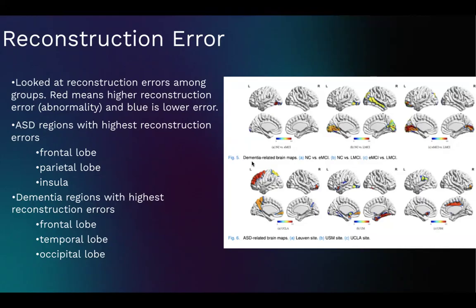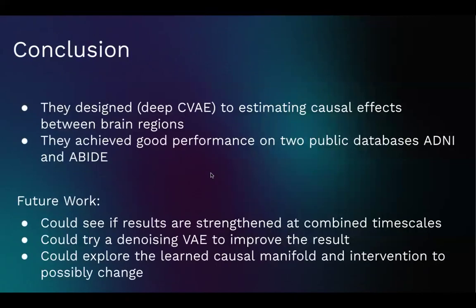So that is, I think, concluding the presentation today. In short, they designed this deep causal variational autoencoder to estimate causal effects between brain regions. They achieved good performance on these tasks that they did with these two public data sets, the ADNI and ABIDE data sets.